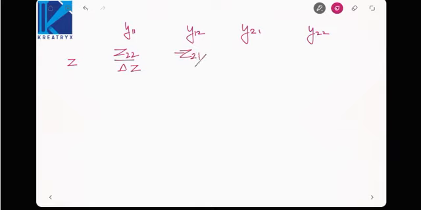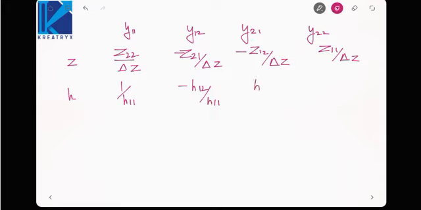Similarly, we can derive Y parameters in terms of all other. So Y11, Y12, Y21, Y22. In terms of Z parameters, these will be Z22 by delta Z. This will be minus Z21 by delta Z, minus Z12 by delta Z, then Z11 by delta Z. In terms of H parameters, Y will be 1 by H11, then minus H12 by H11, then H21 by H11, then delta H upon H11.